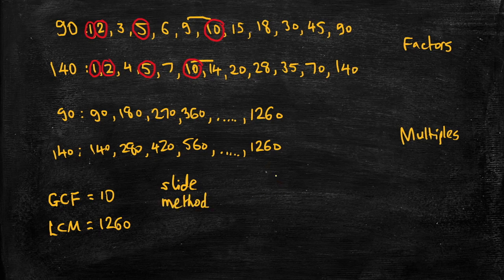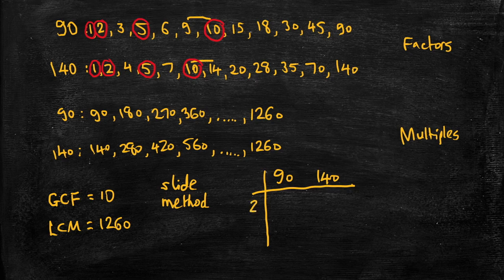So the way the slide method works is we write down our two numbers side by side, and then I try and take out common factors. So it's usually easy to start with the low numbers.